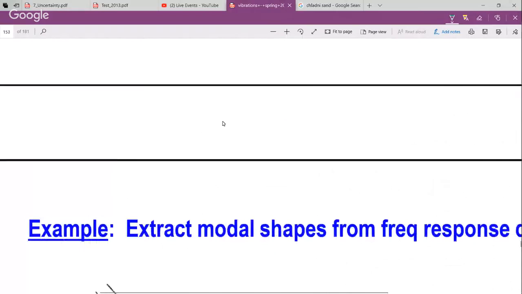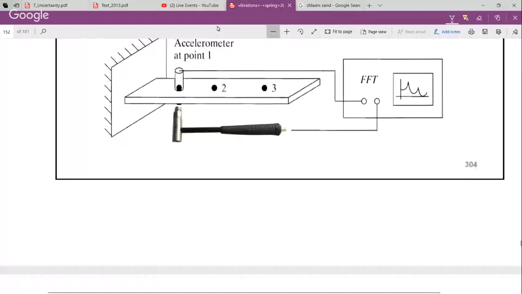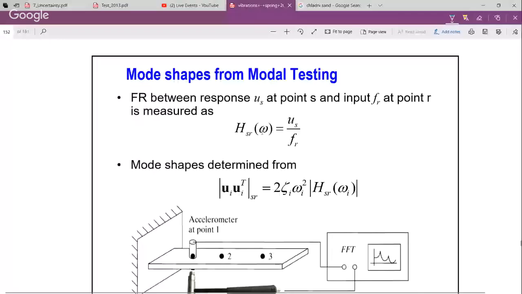Then evaluating only where the frequency is equal to the natural frequency, it reduces to this. I don't think I've done this in this class. It can be shown. In fact, I just derived it the other day in my grad class. It's probably in your book.